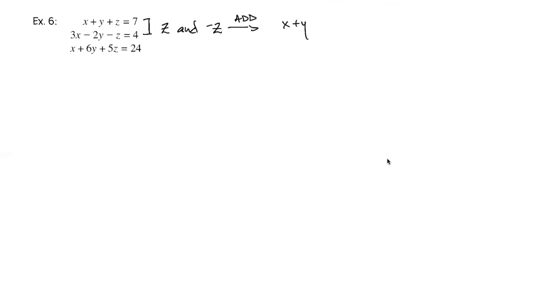x plus y plus z equals 7. 3x minus 2y minus z equals 4. Well, that gives me 4x minus y equals 11. Okay. Now, let's see. If I pick the first and the third, and I want to get rid of z, I have to multiply the first one by negative 5.